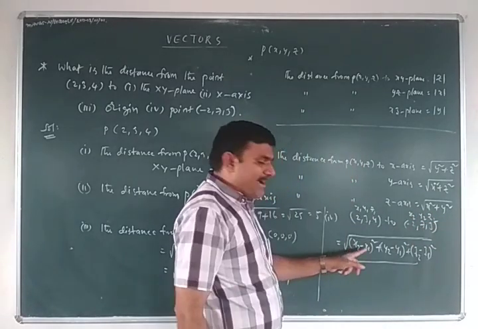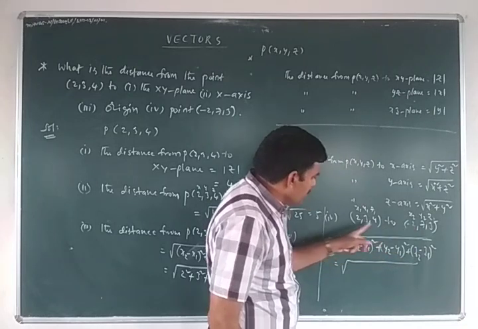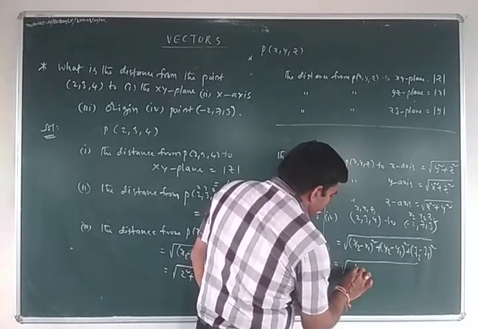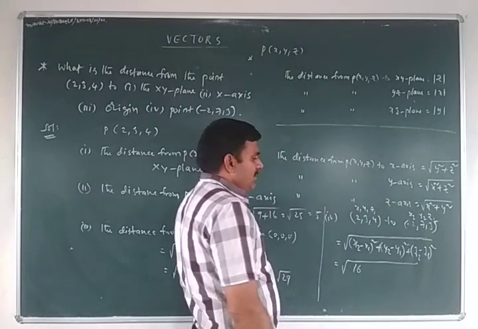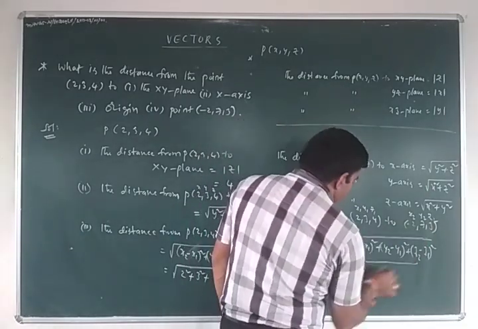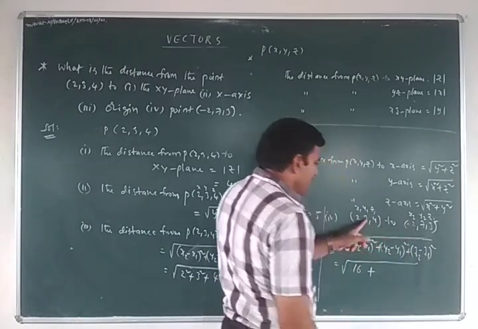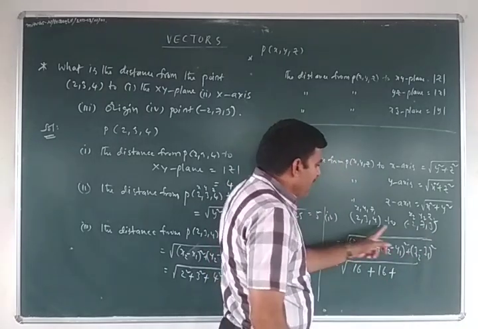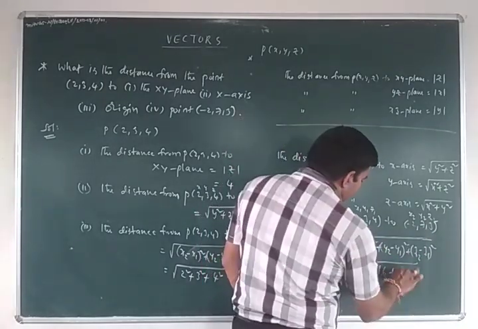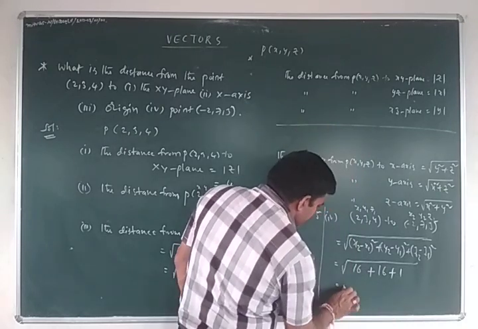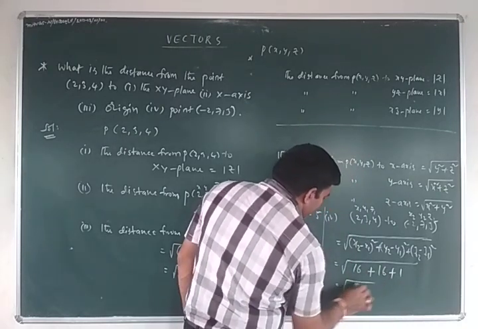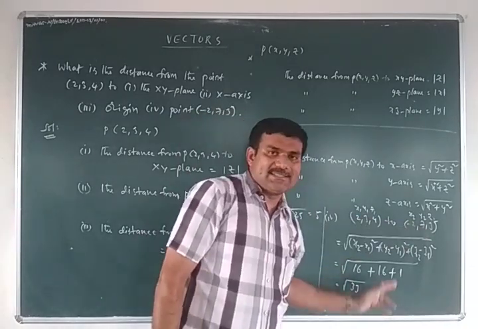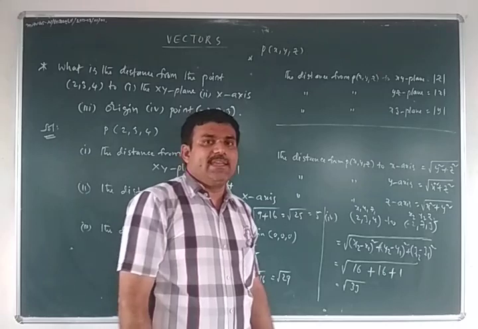So x2 minus x1: minus 2 minus 2 is minus 4, whole square value 16, plus 7 minus 3 is 4, which is also 16, plus 3 minus 4 is minus 1, and 1 square is 1. This is equal to the square root of 32 plus 1, 33 units. So the distance between these two points is root 33 units.